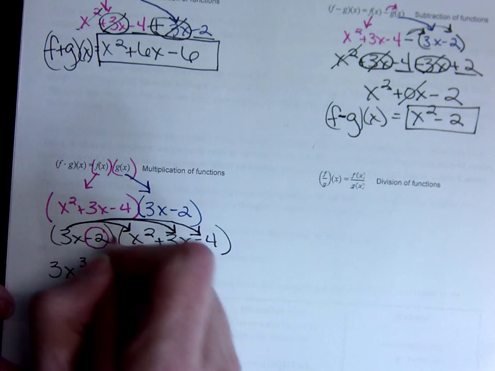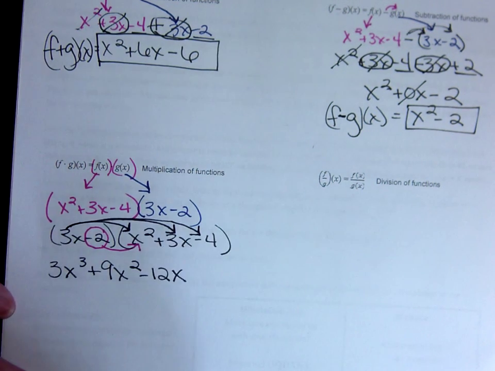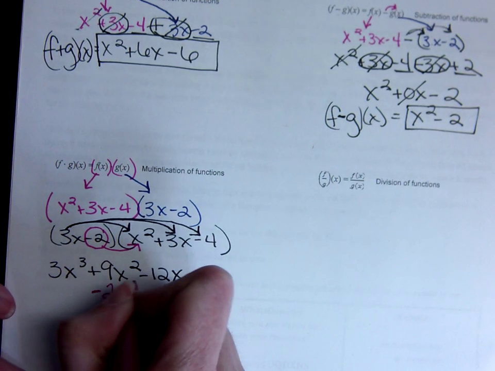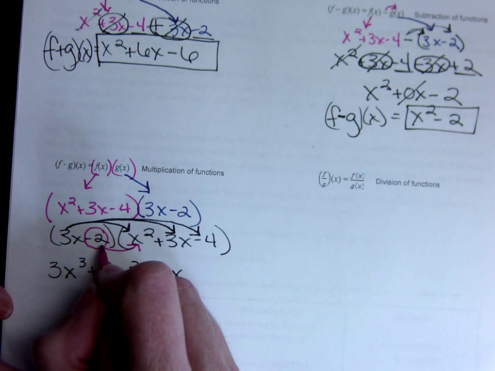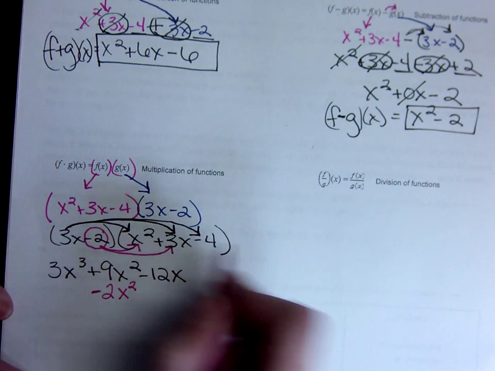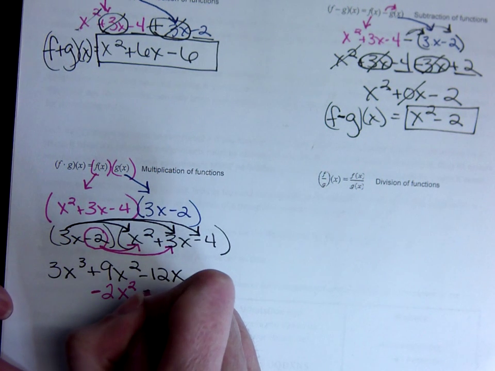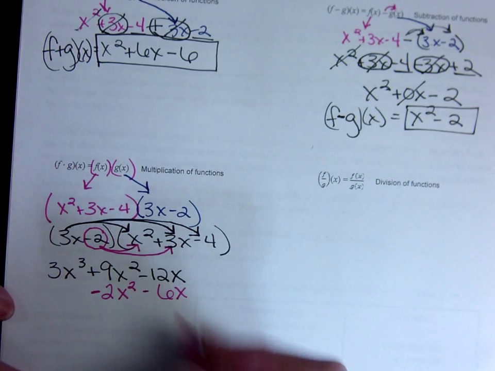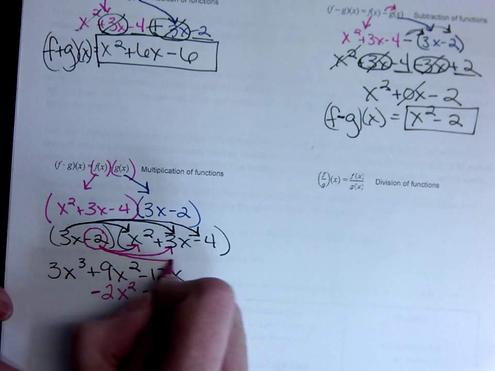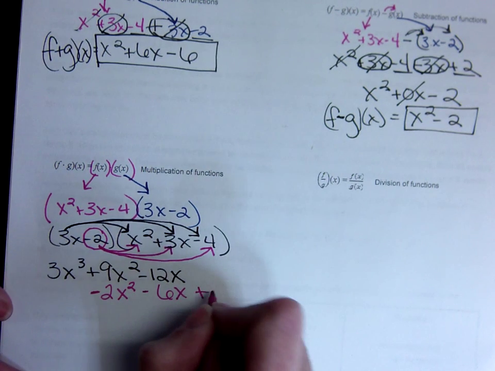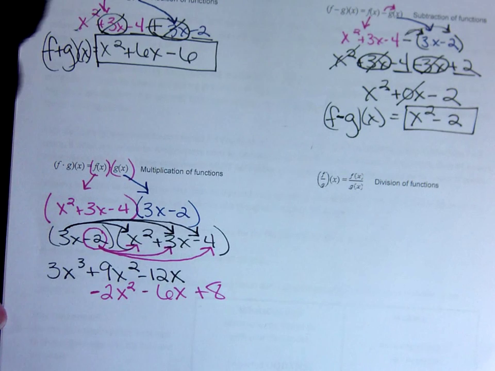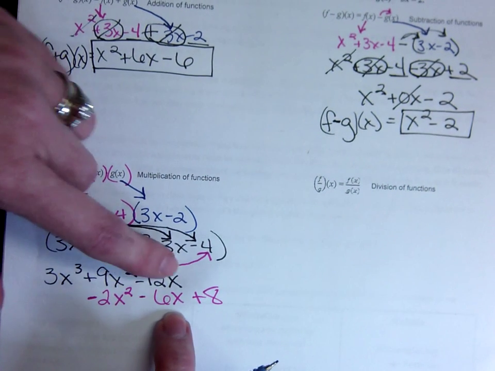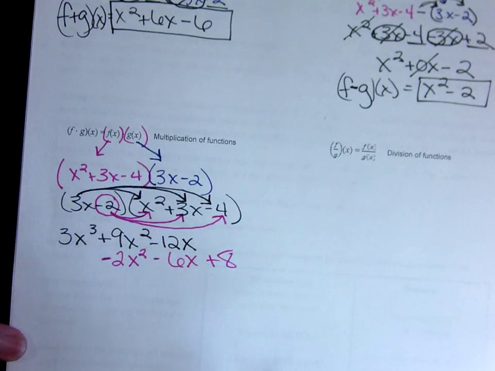Negative 2 times x squared is negative 2x squared, and I'm going to write it under this other x squared so that it's easier to combine terms later on. Negative 2 times positive 3x is negative 6x. Again, I'm lining up my like terms to make things easier when I'm ready to simplify. Negative 2 times negative 4 is positive 8.